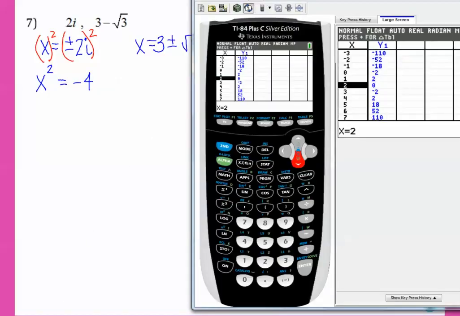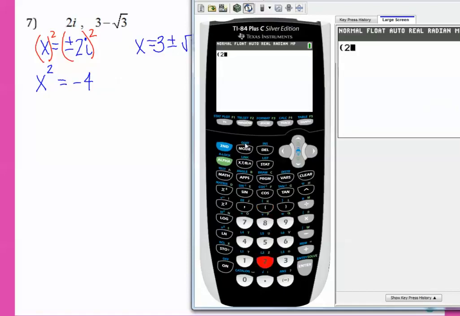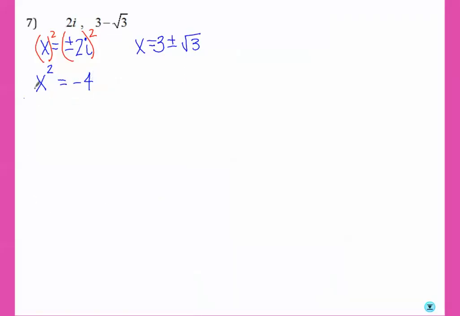On your calculator, you could do parentheses 2i, squared. Just make sure the 2i is in parentheses and the squared is outside. We get negative 4. Then we have to make it equal to 0, so x squared plus 4 equals 0. And we're done with that part.